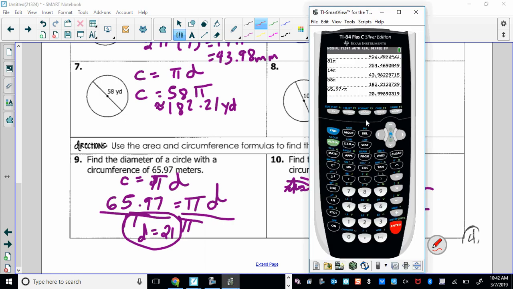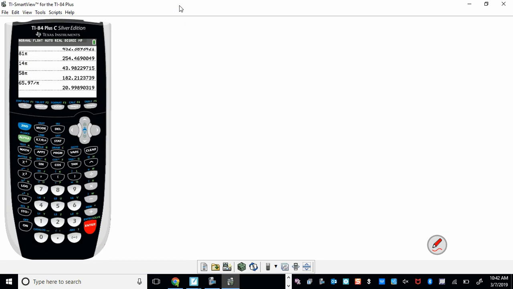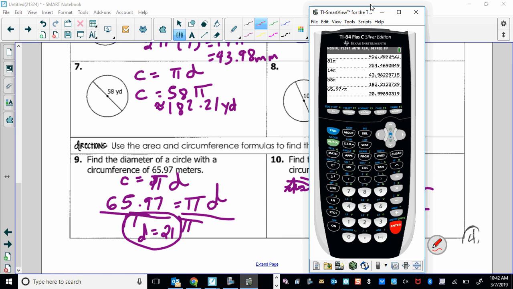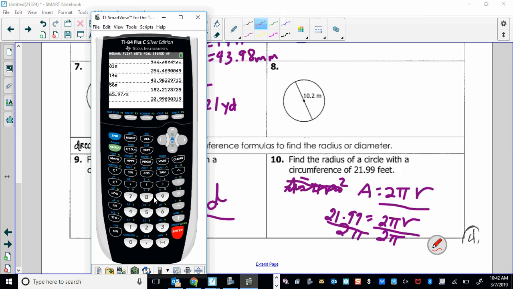So please don't just put 21.99 divided by 2 pi like this.